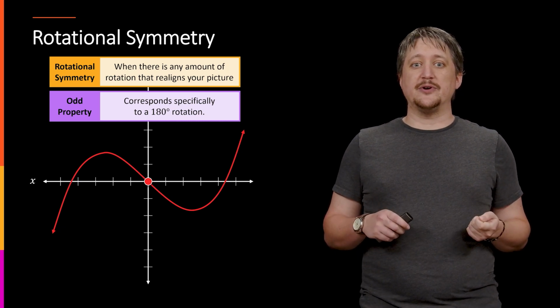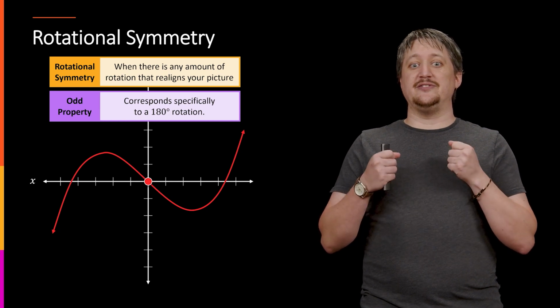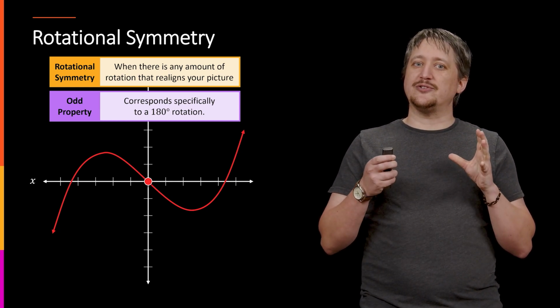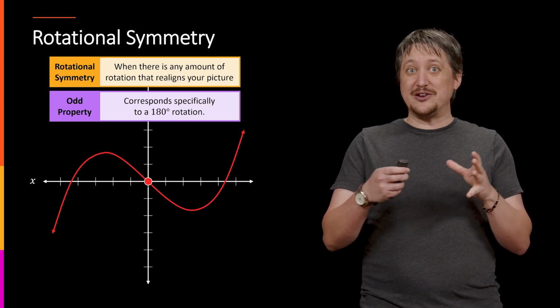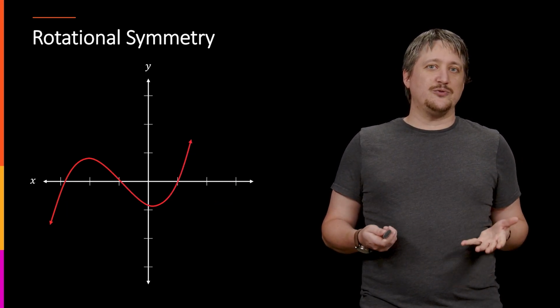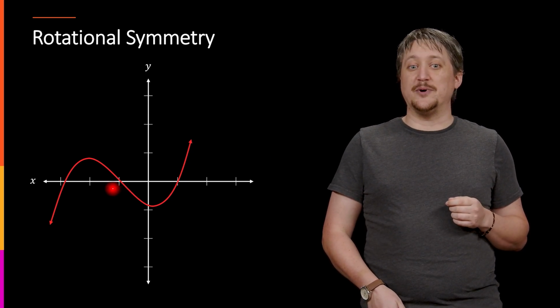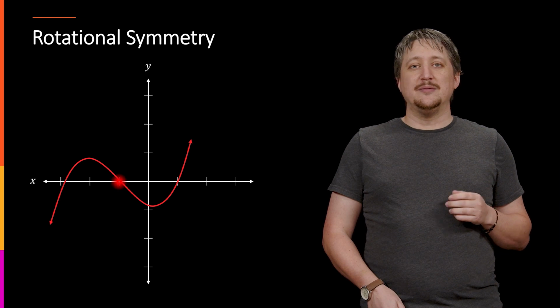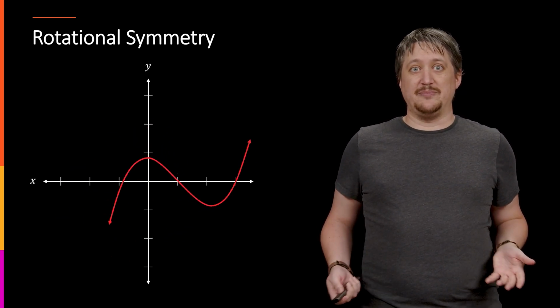So the odd property corresponds specifically to doing 180 degrees about the origin, meaning that if we took the same shape, right? So this is a rotationally symmetric shape, but if we moved it, technically this would still be rotationally symmetric if I put the point that I spun around over here, but that's not the odd property. The odd property requires that we spin it around the origin, and if we do that, well, then we get something else, right?